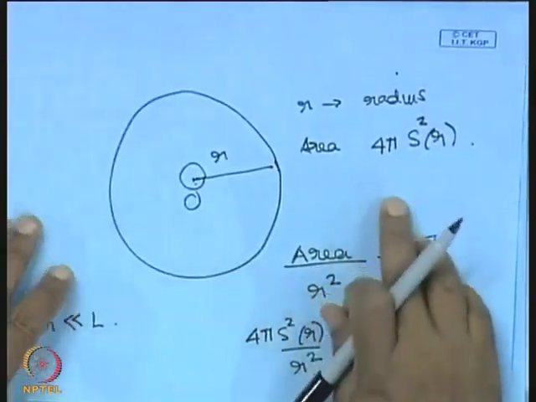Okay, so with this digression I have told you about the significance of this S of r. Let us now go back to the problem that we were discussing. Let me just write.